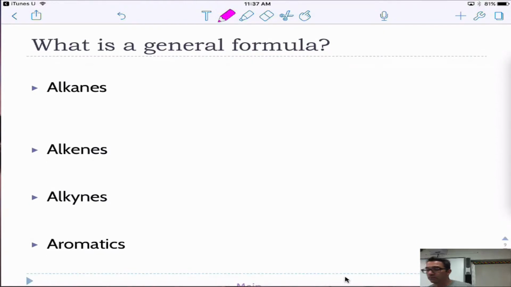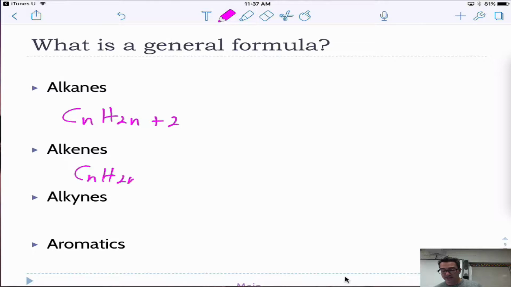So the general formula is what I wrote on the first page, and I'll write that again here. We have our alkanes, which is our CnH2n plus 2. We have our alkenes, CnH2n. We have our alkynes, CnH2n minus 2. And then we have our aromatics, like our benzenes, and those are CnH2n minus 6.